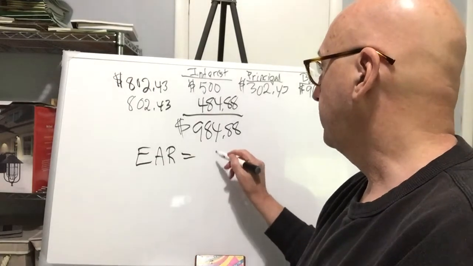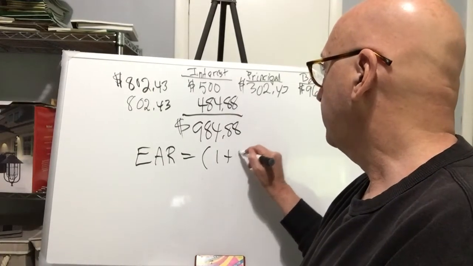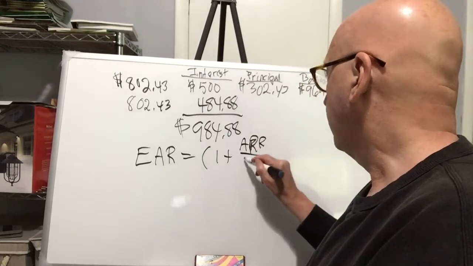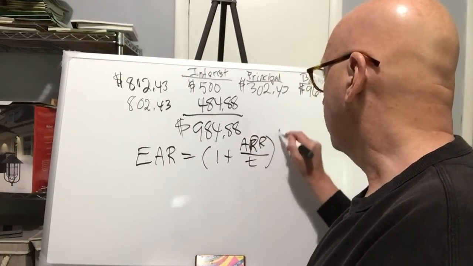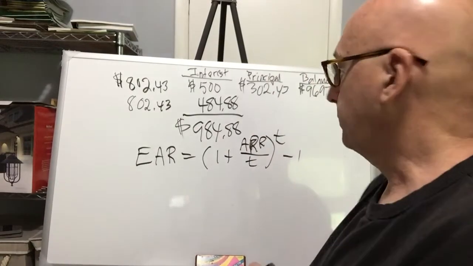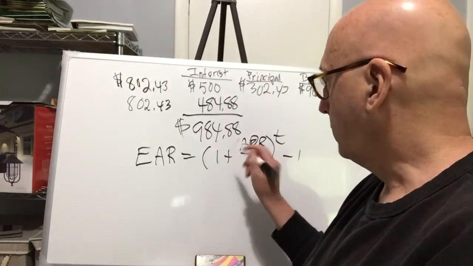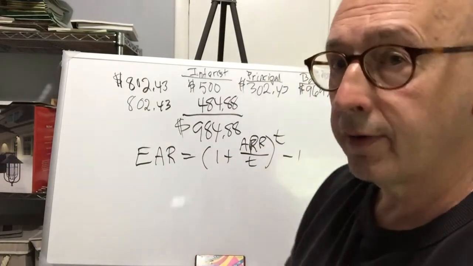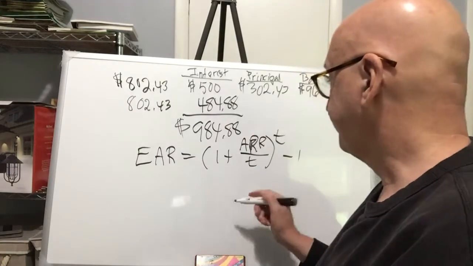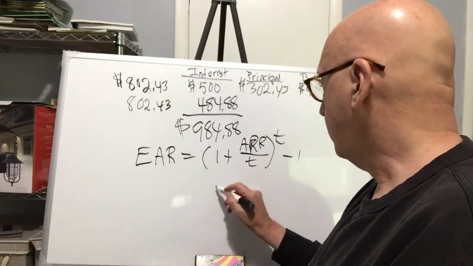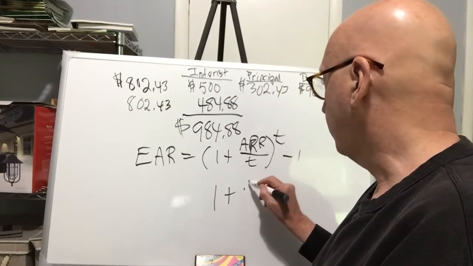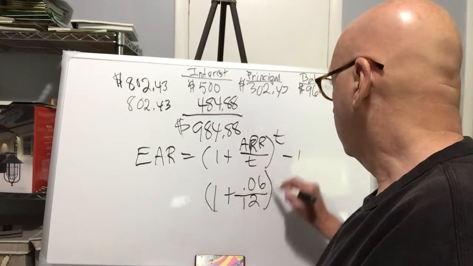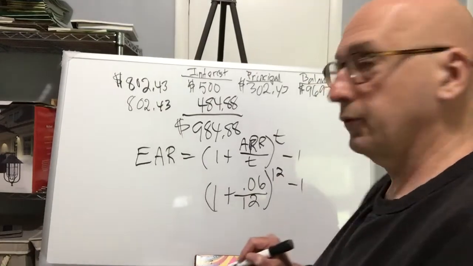And it's equal to 1 plus the APR divided by your number of compounding periods in the year, to that power, minus 1. So what do we know? Well, what's the EAR that the bank is charging you? They're going to be charging you 6% monthly. So 0.06 divided by 12, to the 12th power, less 1.